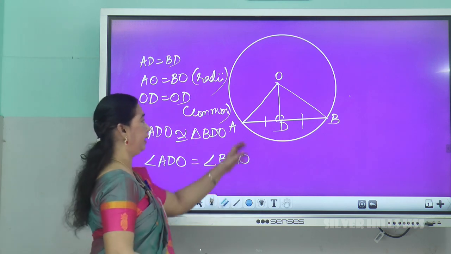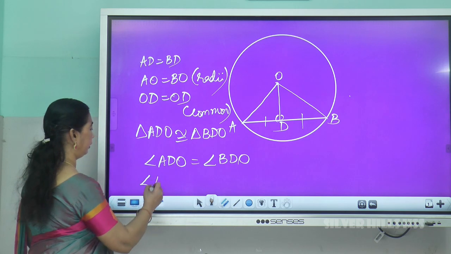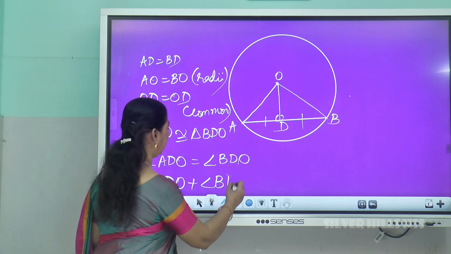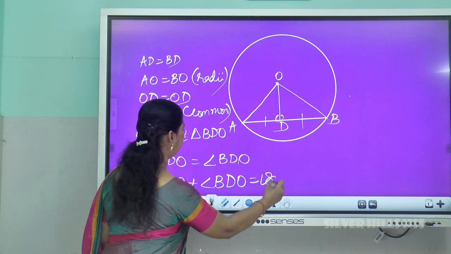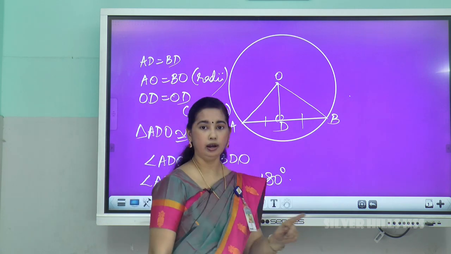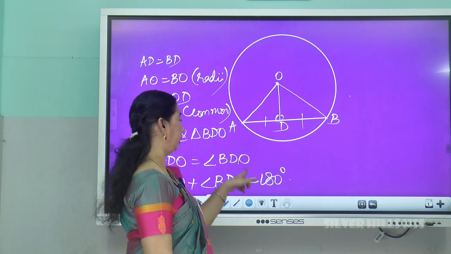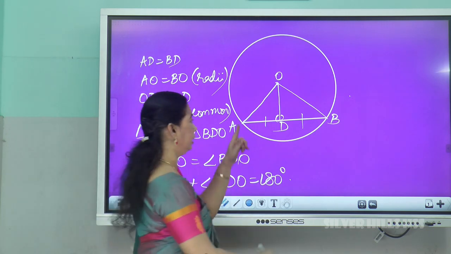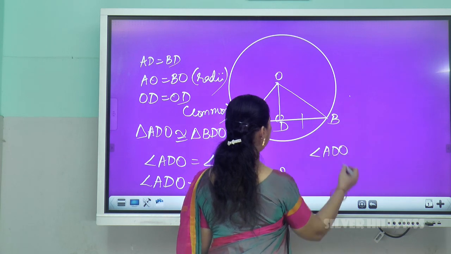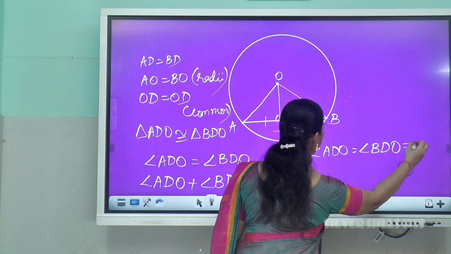But we know that ADB is a straight line, so angle ADO plus angle BDO is equal to 180 degrees. Since these two are congruent triangles, these two angles also will be the same, and the total angle sum will be 180. So each one should be 90 degrees. That means angle ADO is equal to angle BDO, which is equal to 90 degrees.